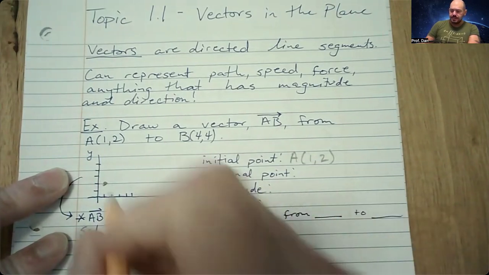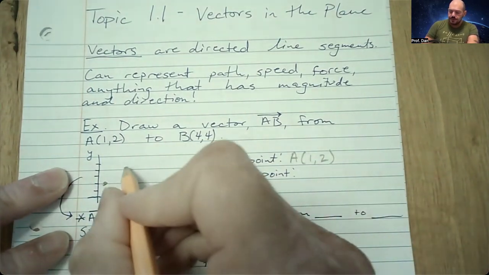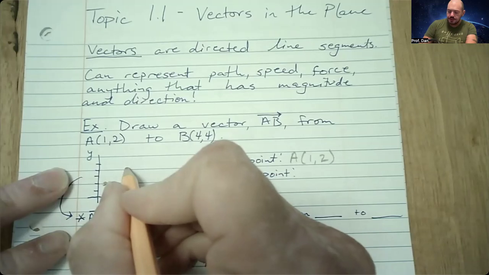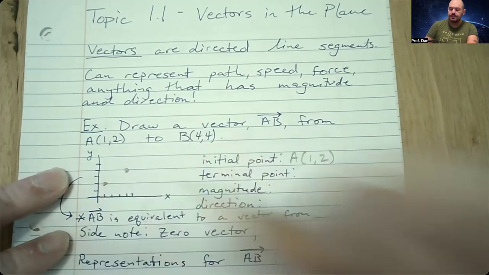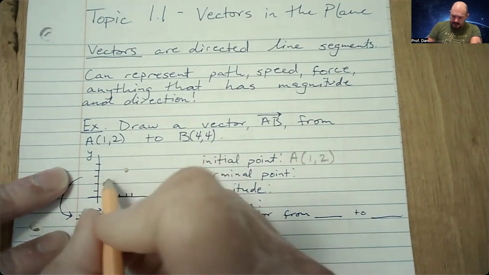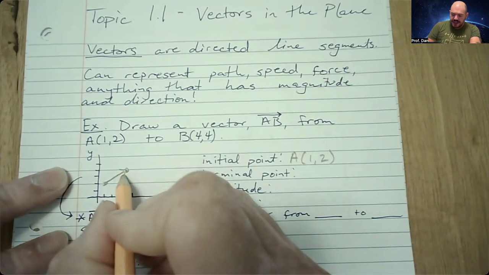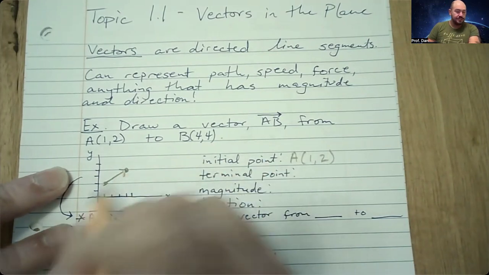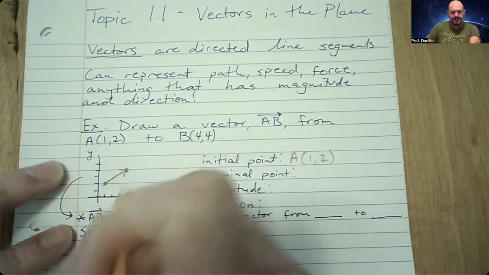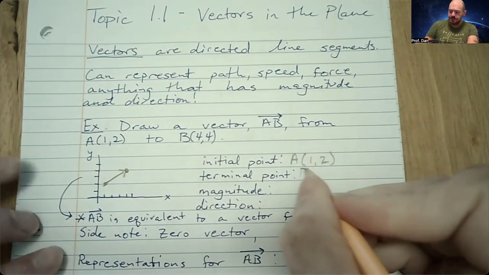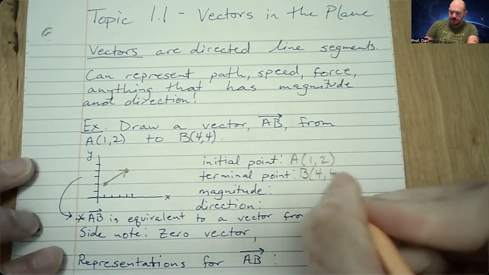The point B is the coordinate 4, 4, so go over 4, up 4, and plot the point there. And when I draw the segment that connects these two, and I draw an arrow that indicates the direction I'm going, that is a vector. So initial point was 1, 2, terminal point was 4, 4.